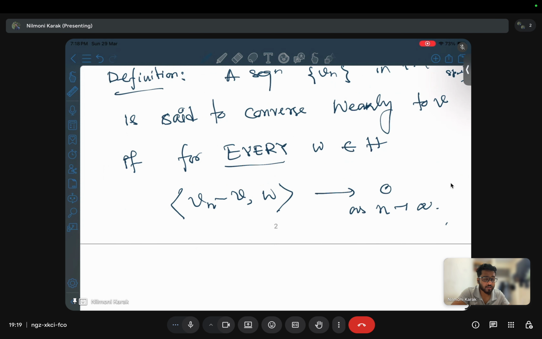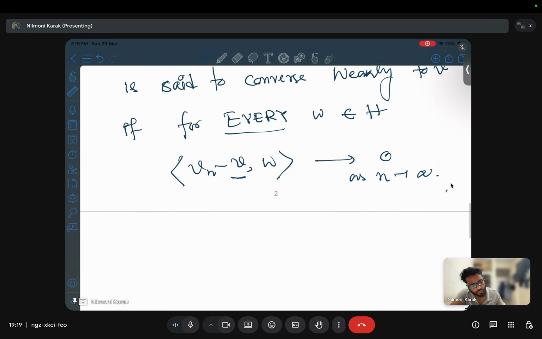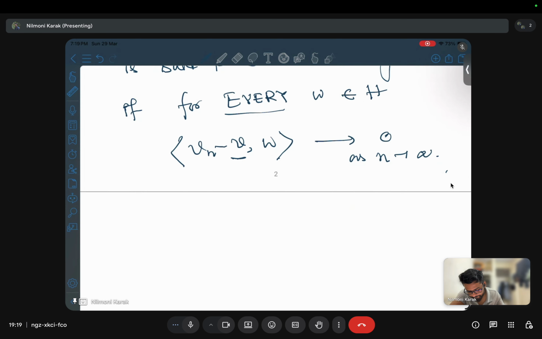It holds for every W in H. Here V is called the weak limit of Vn.